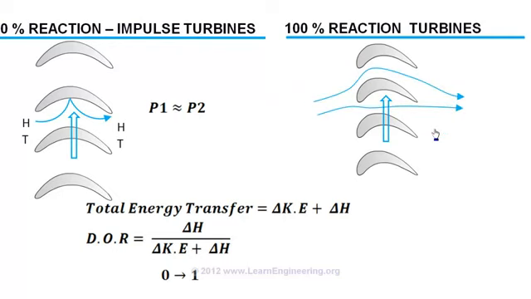We know, across the blade there is no kinetic energy change, so the absolute value of velocity remains the same across the blade. But pressure, temperature and enthalpy vary across the blade. A practical steam turbine will be a compromise of these two cases. People usually use a 50% reaction turbine, known as a Parsons turbine.